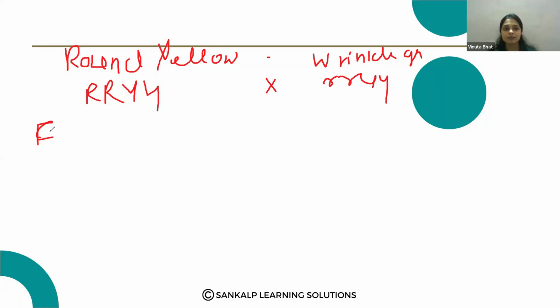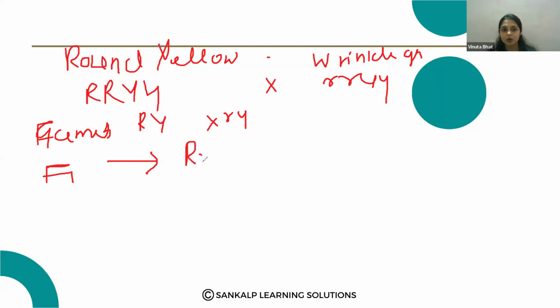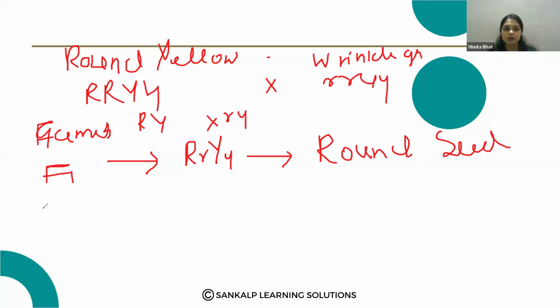The gametes are capital R, capital Y, and here small r, small y. F1 generation will be capital R, small r, capital Y, small y. So all are round yellow seed producing plants.